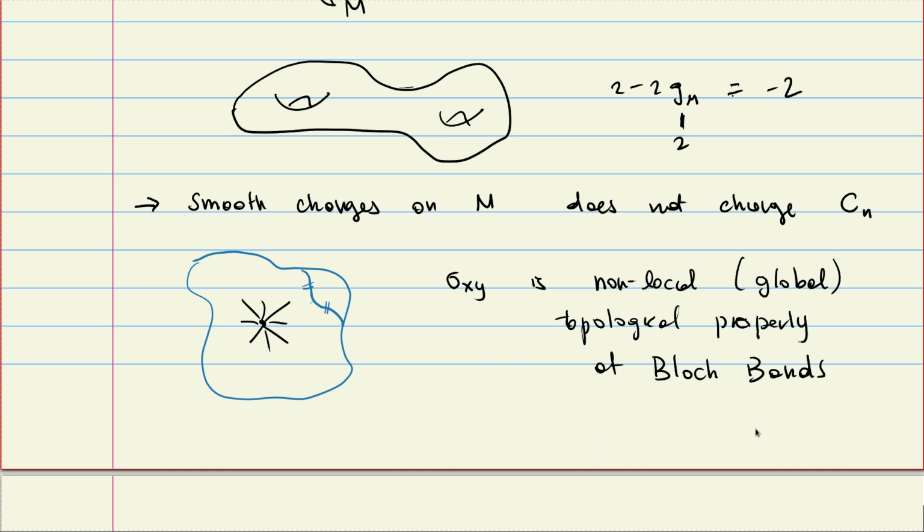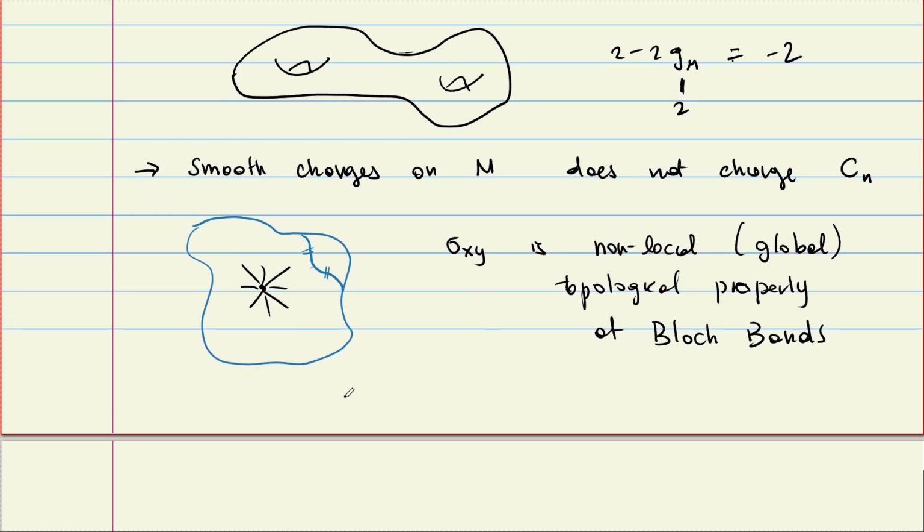And when this global property is non-zero, Cn non-zero, these are insulators, right? But they are not insulators like we learn in Kittel. These are a different kind of insulators. These are called Chern insulators. Or sometimes they are called topological insulators.